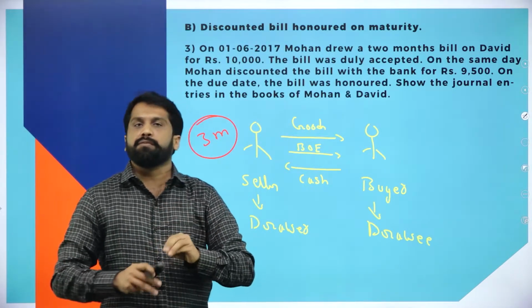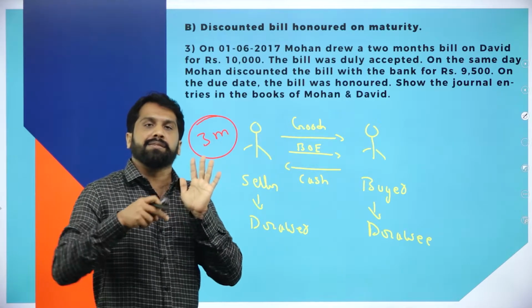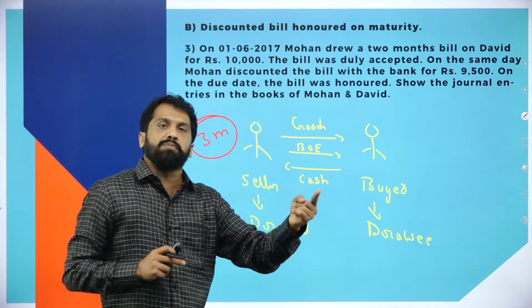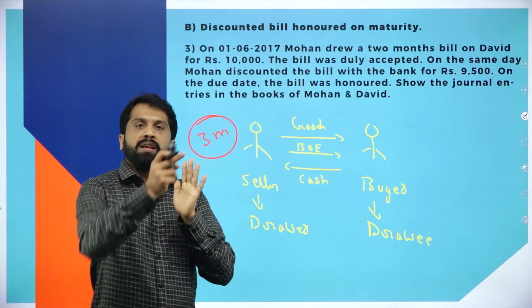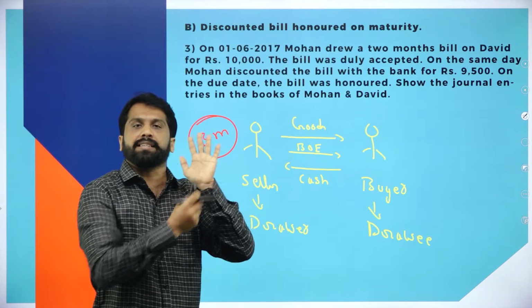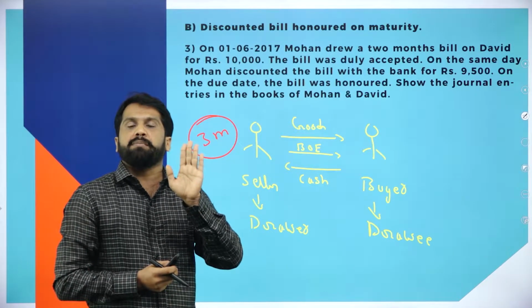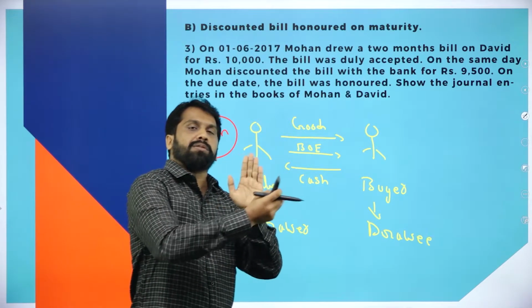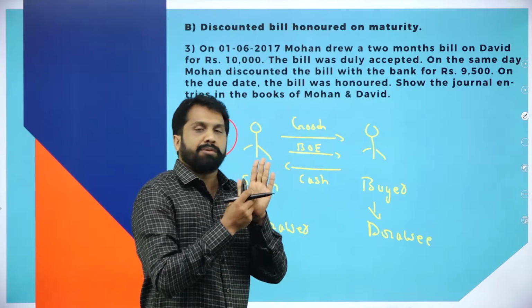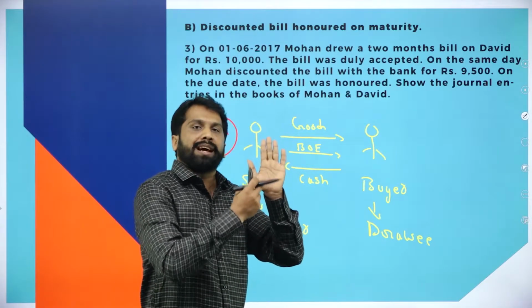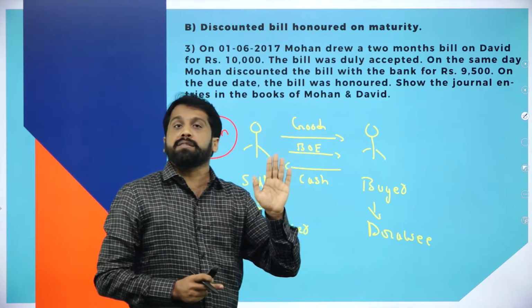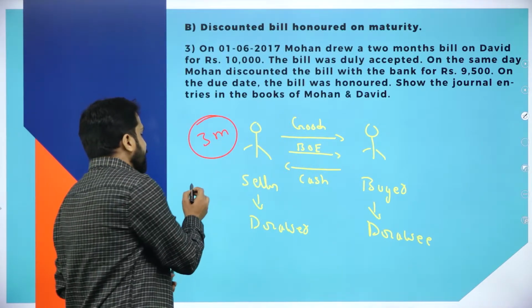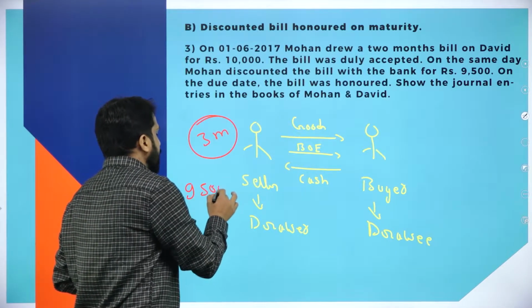There is a marriage of my daughter. I'll go to the bank and explain everything. Mr. X has signed and gave me this document. He will pay me 10,000 in the month of April. So I'll tell the bank, you take this document, you collect from that person after 3 months, but you pay me 9,500 now.